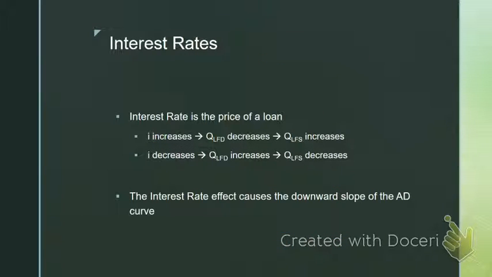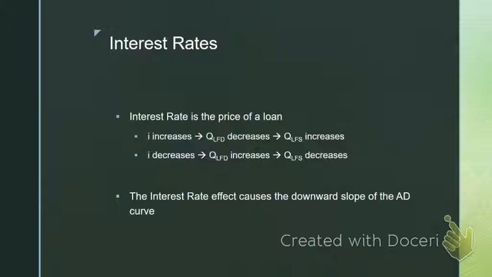Interest rate is the price of a loan. As interest rate increases, the quantity of loanable funds demanded decreases. The quantity of loanable funds supplied increases. That's the law, like the law of demand we had in micro, dealing with price and demand and supply for something in the market.